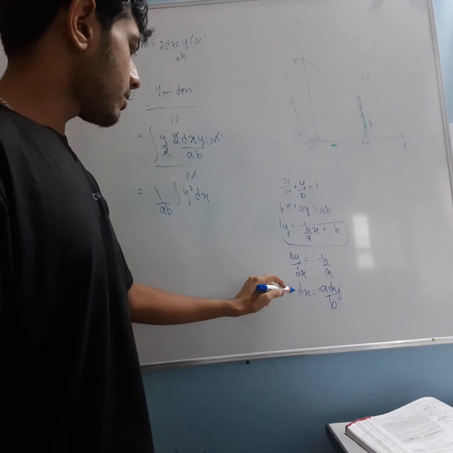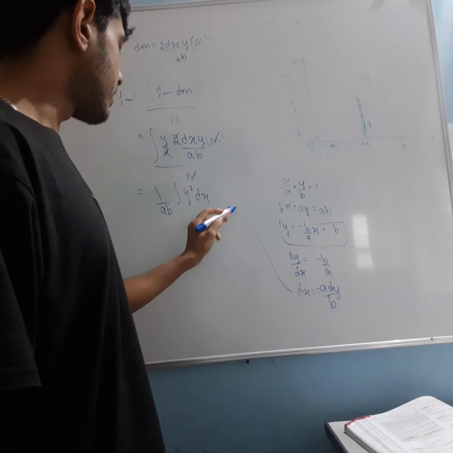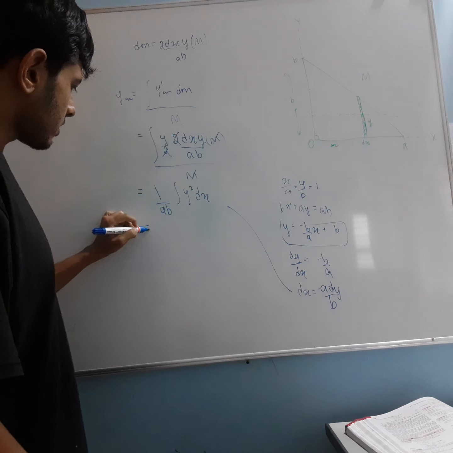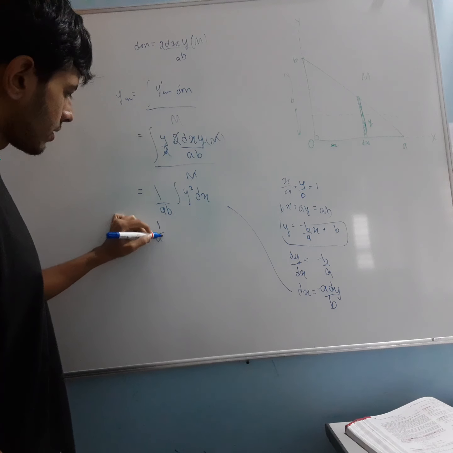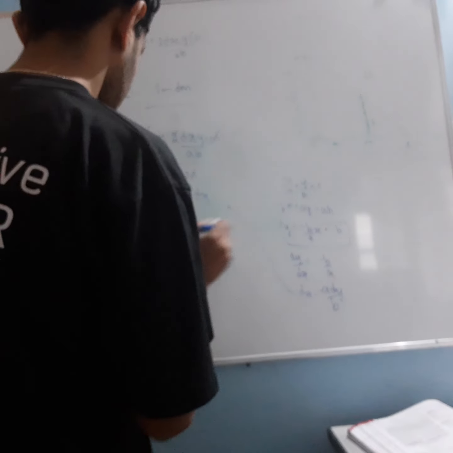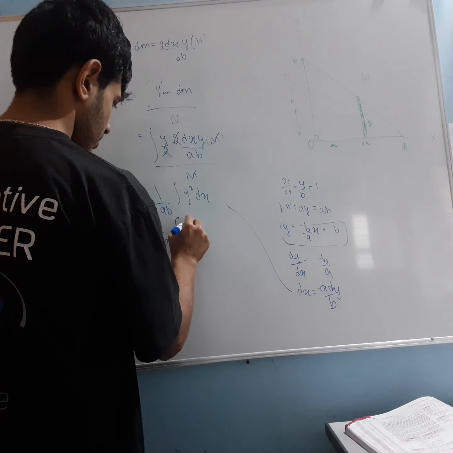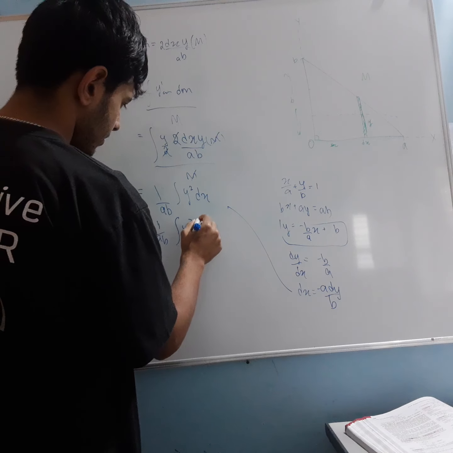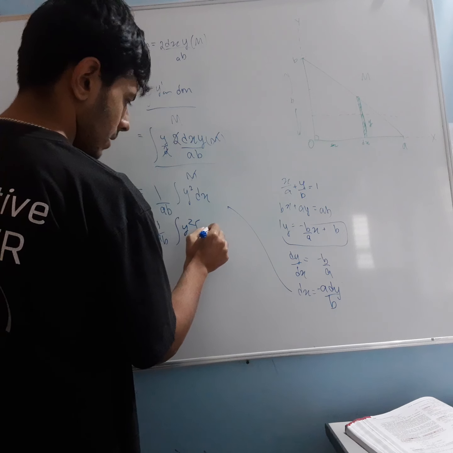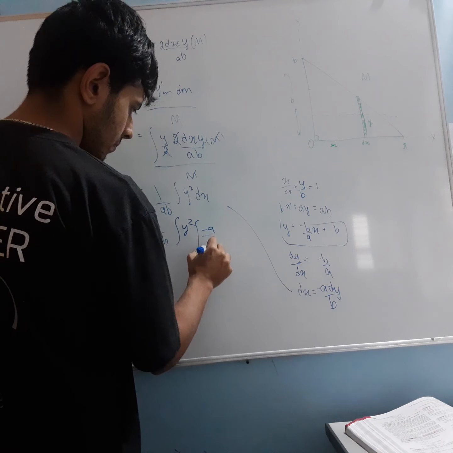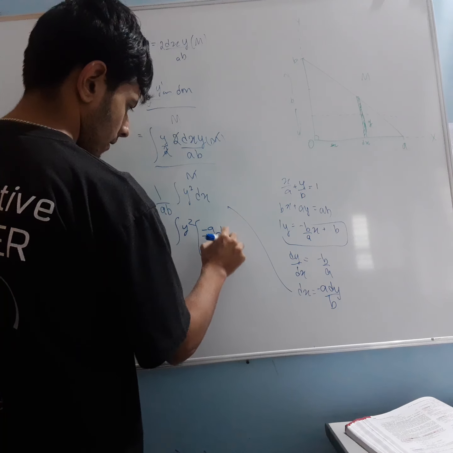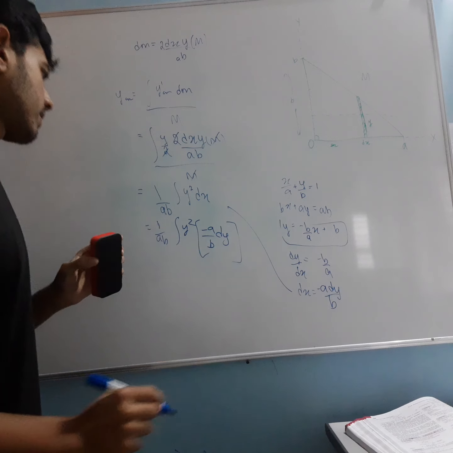And we can substitute this over here, and you basically get 1 over ab integration of y square into minus a by b dy.